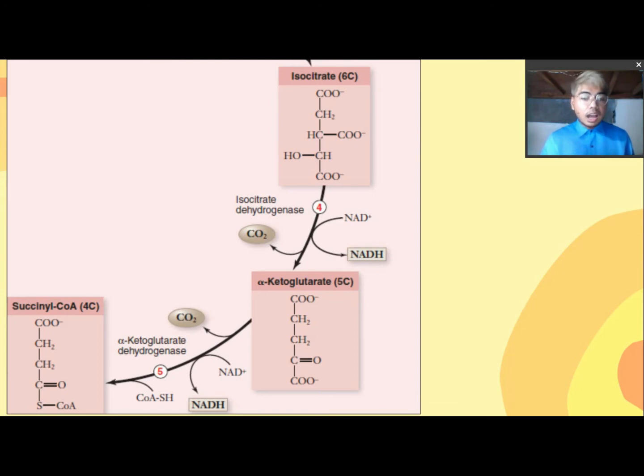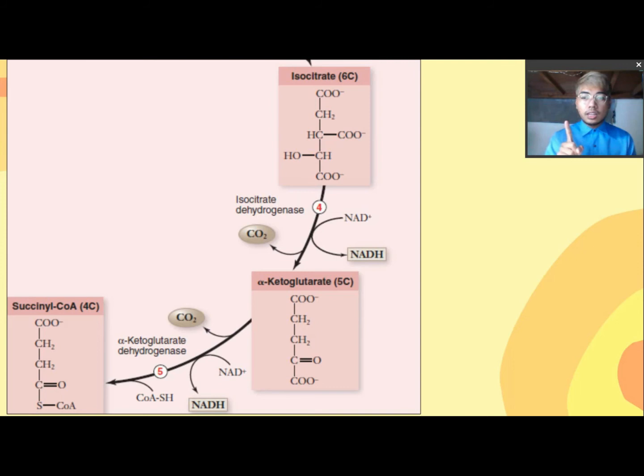Then, the alpha-ketoglutarate dehydrogenase will also attach the coenzyme A to create another compound known as succinyl-CoA, or succinyl coenzyme A.